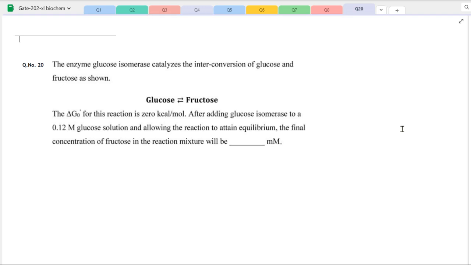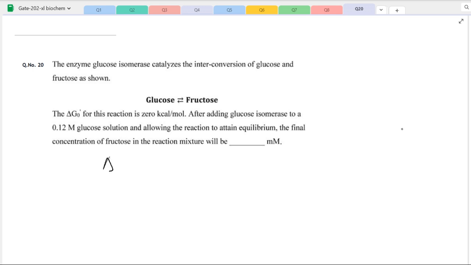The enzyme glucose isomerase catalyzes the interconversion of glucose and fructose as shown. The delta G0 for this reaction is 0 kcal per mole. After adding glucose isomerase to a 0.12 molar glucose solution and allowing the reaction to attain equilibrium, the final concentration of fructose in the reaction mixture will be what millimolar?